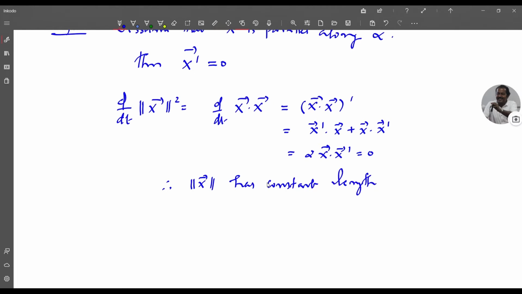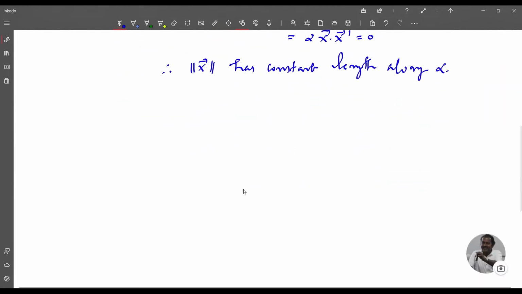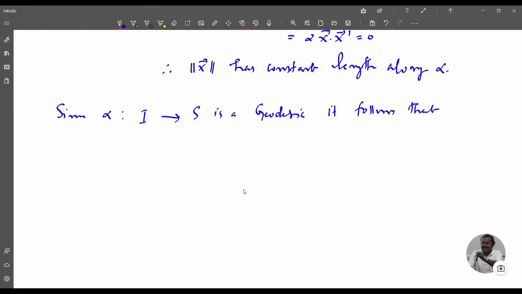Therefore, norm X has constant length along alpha. Now since alpha from I to S is a geodesic, it follows that the covariant acceleration alpha dot dash is equal to 0. This is because you know that alpha double dot is everywhere orthogonal to S, so it has no tangential component. So alpha dot dash equal to 0 along alpha.